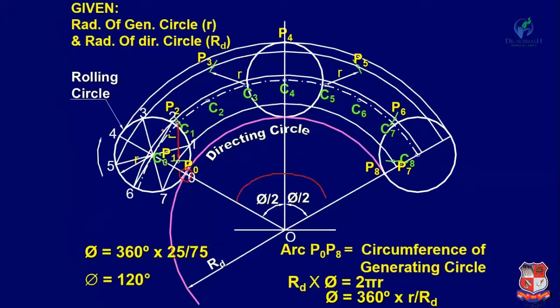Now join all these points by a smooth curve. So this curve is known as an epicycloid. Now we have to draw a tangent and normal at a point which is 115 mm from the center.